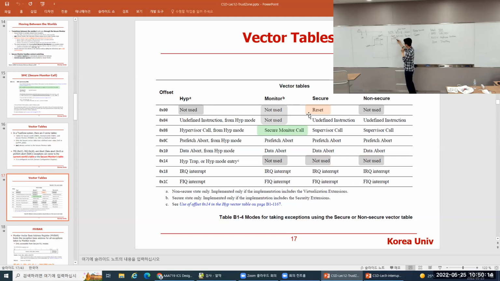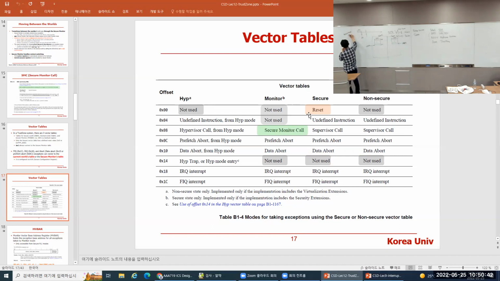So for this separate vector table, you need a system register, the same system register called VBAR, vector base register. But these two are not the same. They are physically separate registers. We call that a banked register.